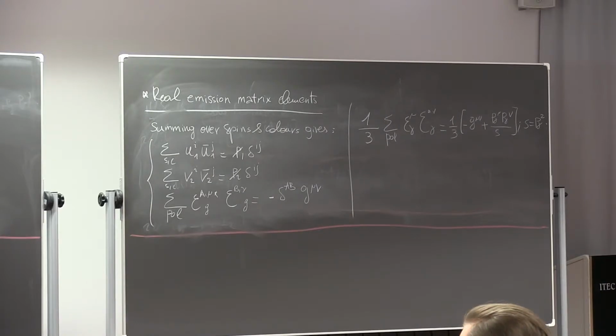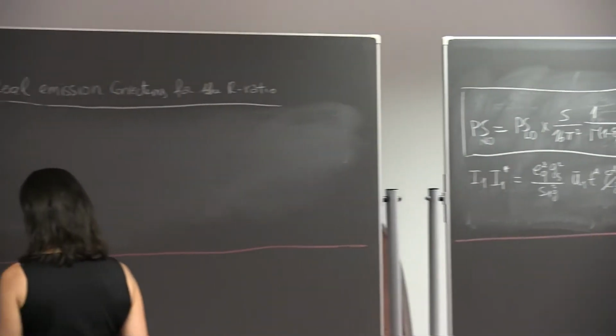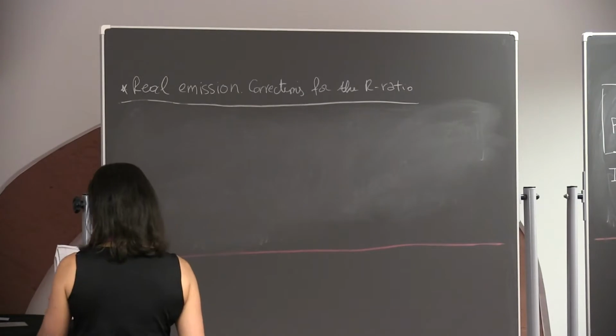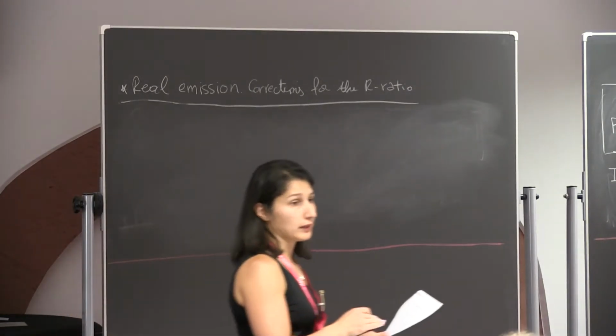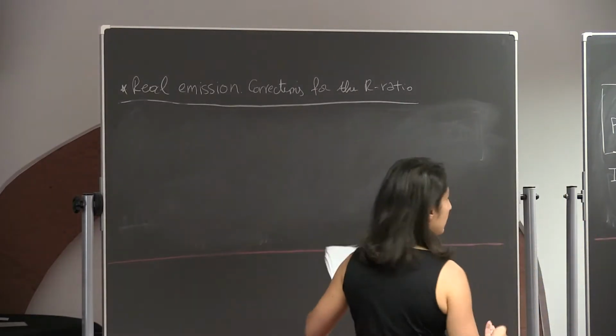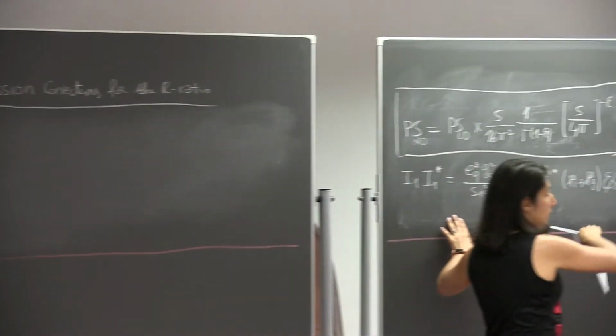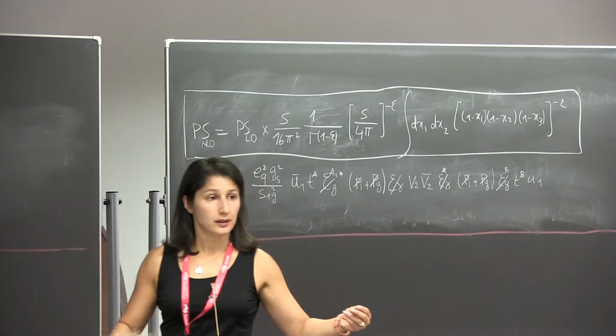So I will delete this one here. I will work out the color algebra separately. Okay, so I will work it out here explicitly. As you know, once you plug these relations in here from this square, you will have a trace.